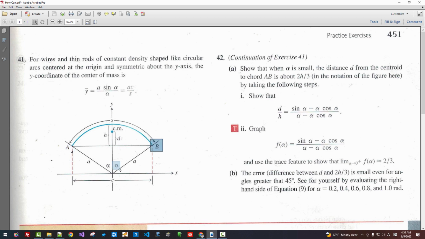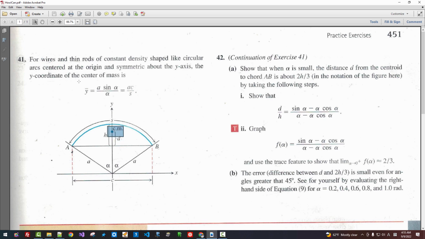Alpha is the angle. A is the radius. CM is the center of mass. H is the distance from chord AB to arc S. D is the length from chord AB to the center of mass.